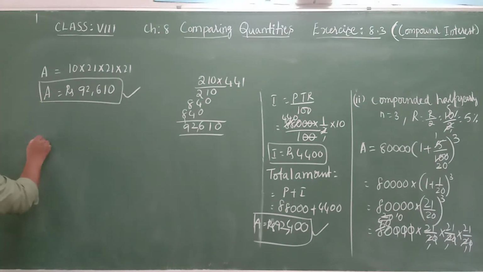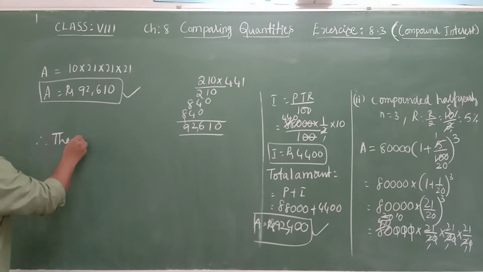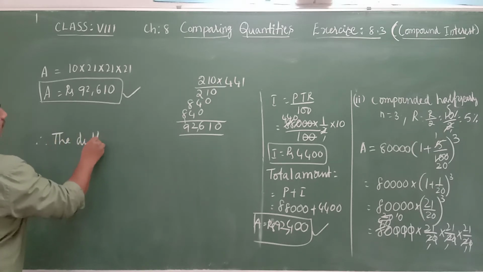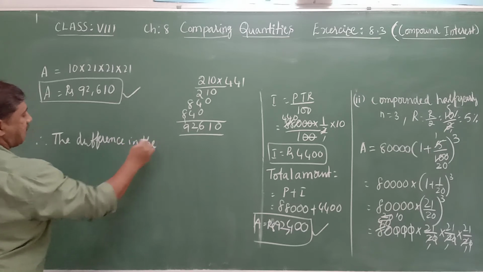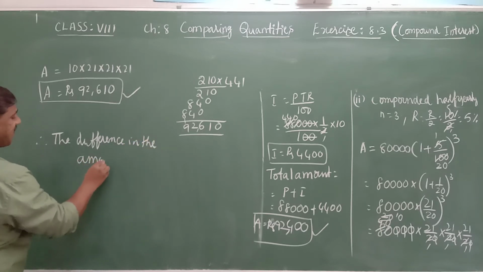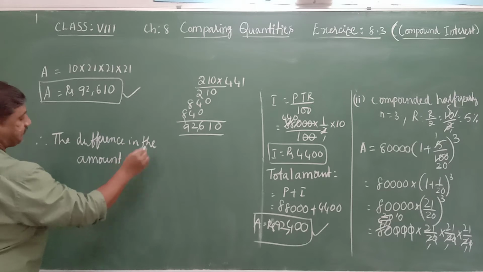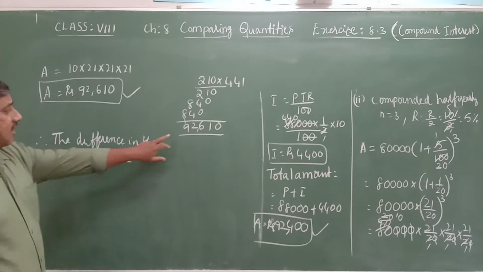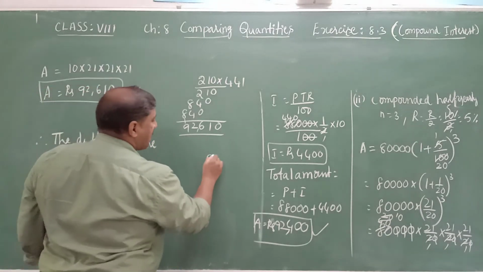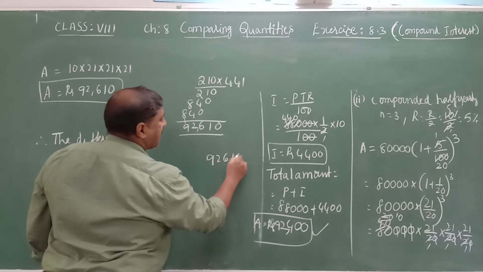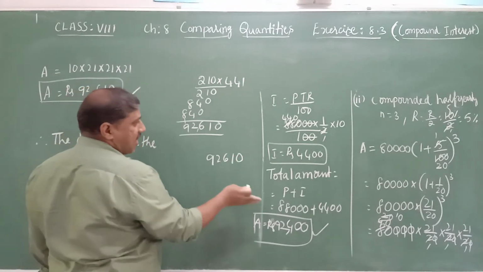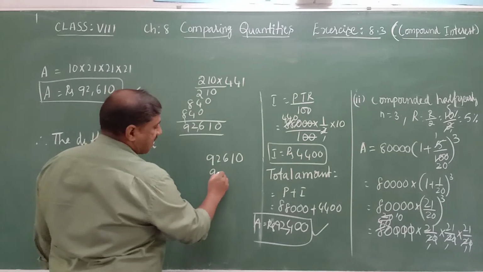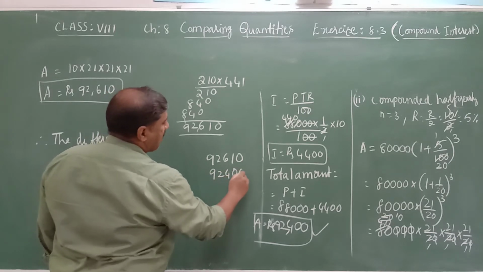Therefore, the difference in the amounts is equal to, the difference in the amounts. This is the amount which he has to pay if it is calculated half yearly, and this is the amount he has to pay if the interest is calculated yearly, that is 92,400.